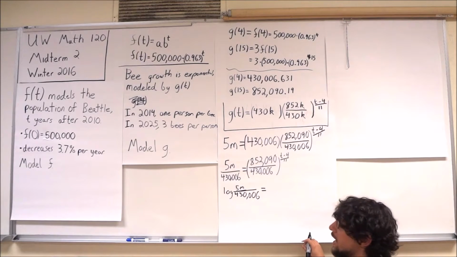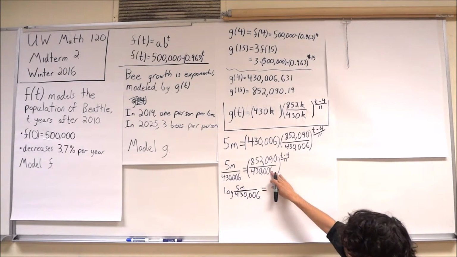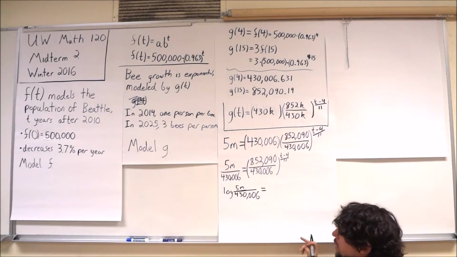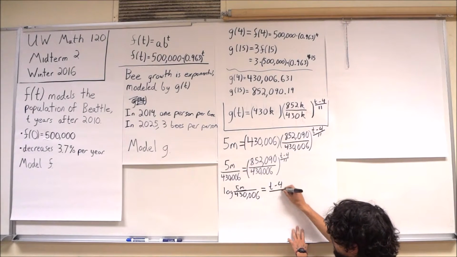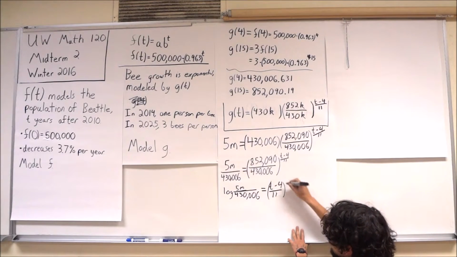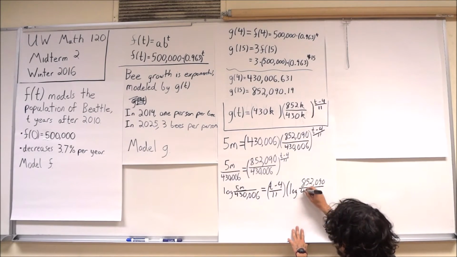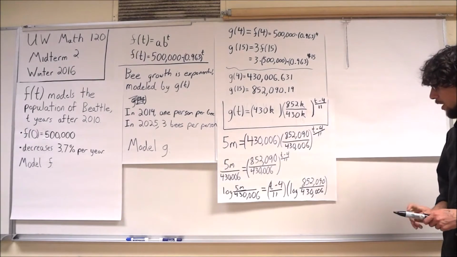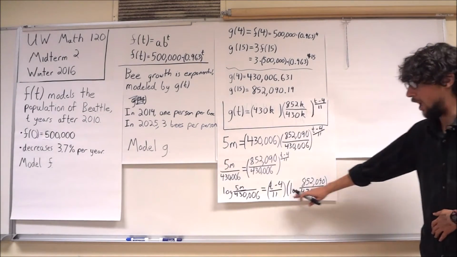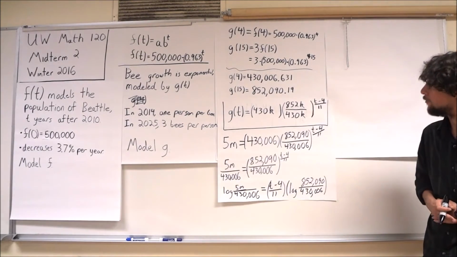And now why is this helpful? Well, when I hit this with a logarithm, I get to bring this exponent out front. And I can write this now as t minus 4 over 11 times the log. So from here, we can solve for t quite explicitly. We can simply divide both sides by this term, then multiply by 11 and add 4.